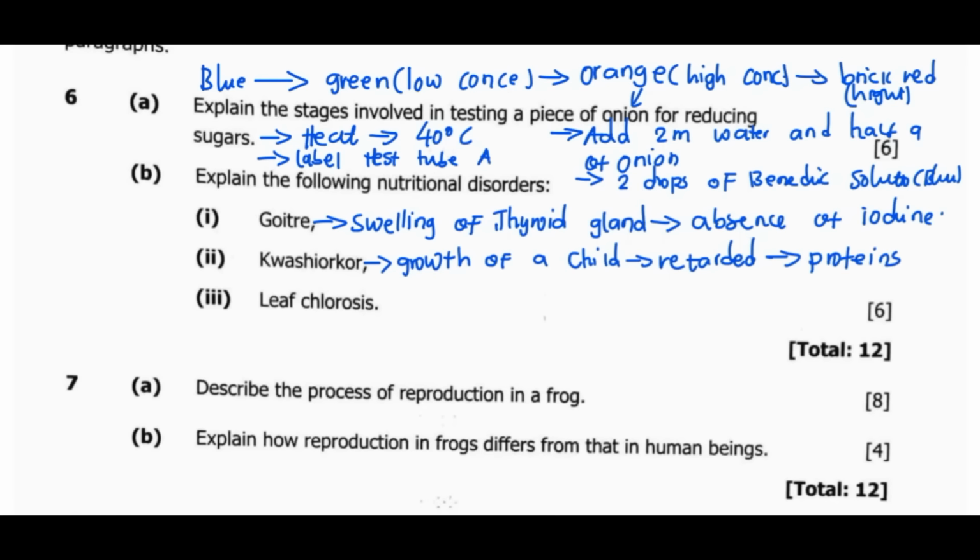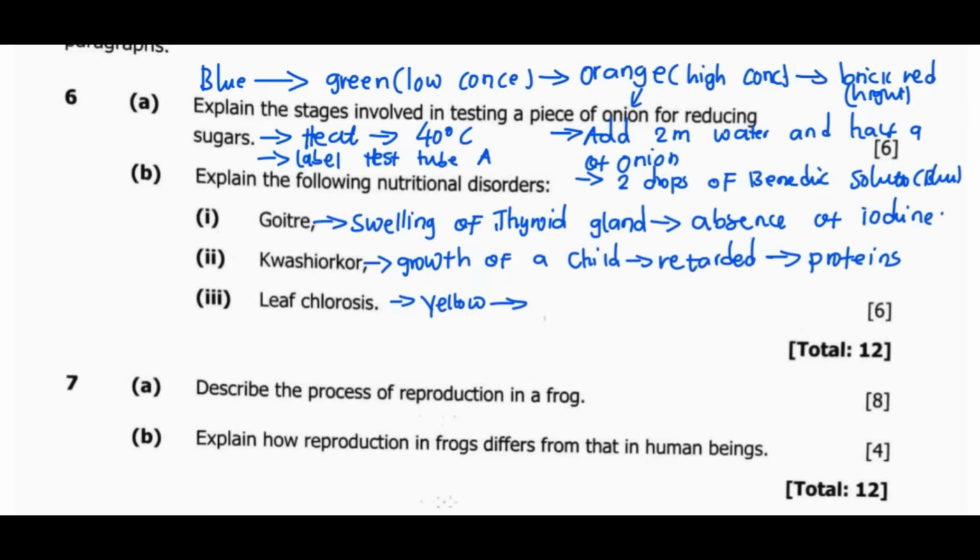So the absence of proteins in a diet, especially in children, may result in a condition known as kwashiorkor. Then if you look at leaf chlorosis, this has to do with plants, and it's a condition where the leaves turn yellow.